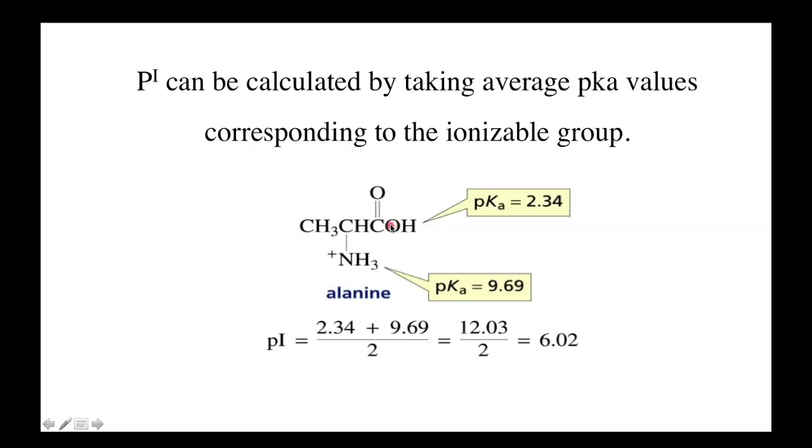Its pK value for COOH is near about 2.34, while for NH3 the pK value is 9.69. Hence, to calculate the pI value, I just find the average of these two values, that is 2.34 plus 9.69 divided by 2. Okay, so here is the way, and the value is found to be 6.02.